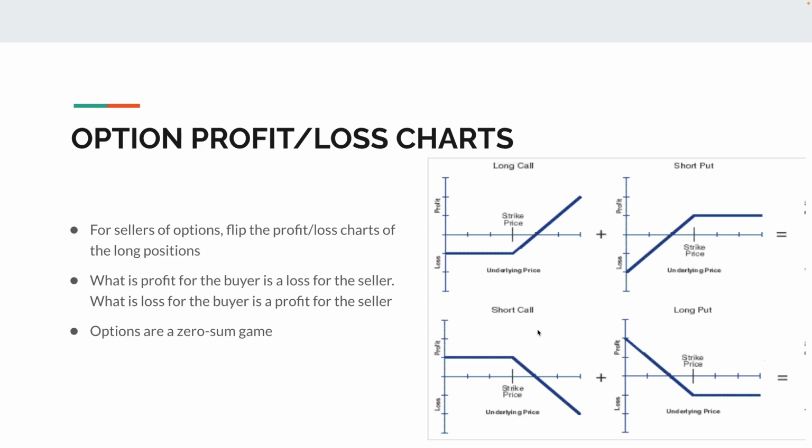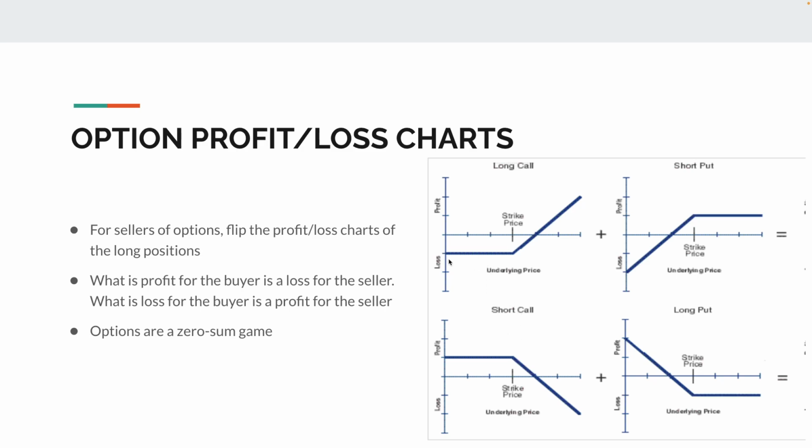So remember, when you place an option trade, there's someone on the opposite side of the transaction who thinks the opposite of you. If you're bullish and you buy a long call position, there is someone out there who has the opposite direction as you, who's actually bearish and is willing to sell you this call.